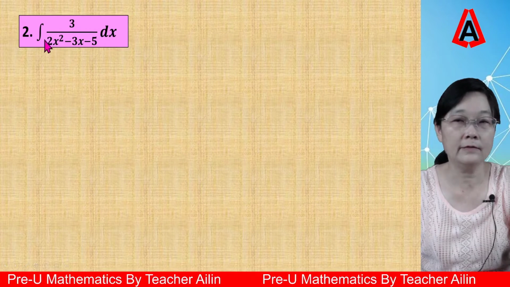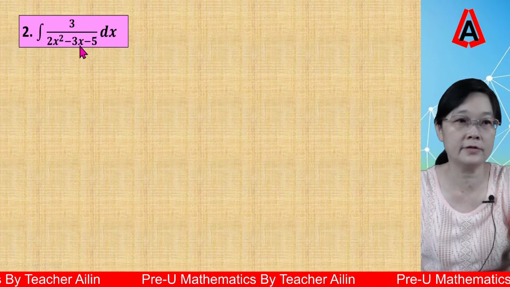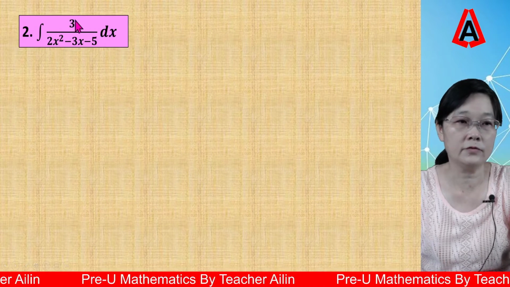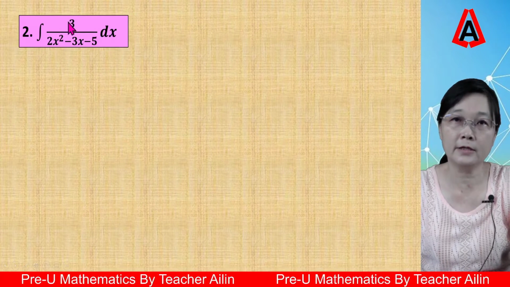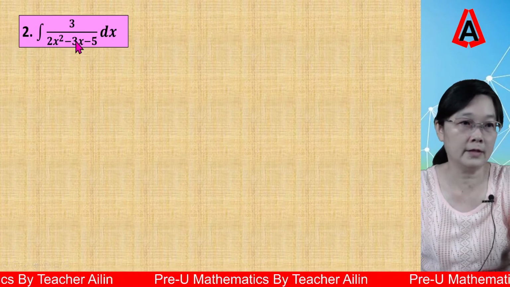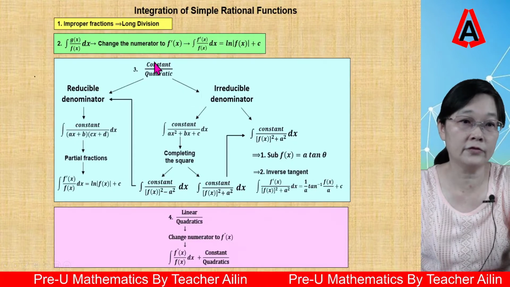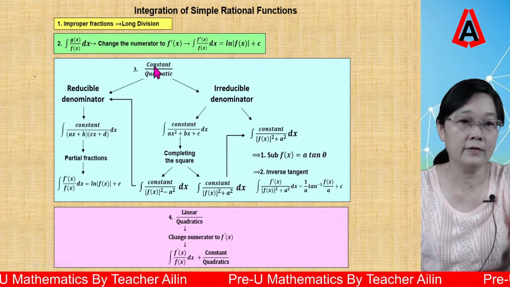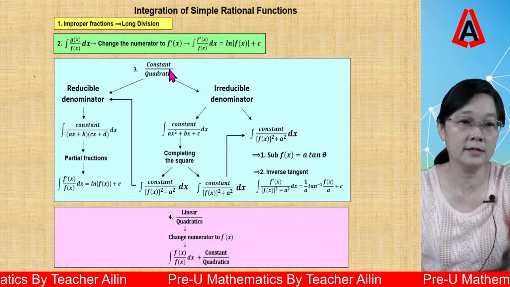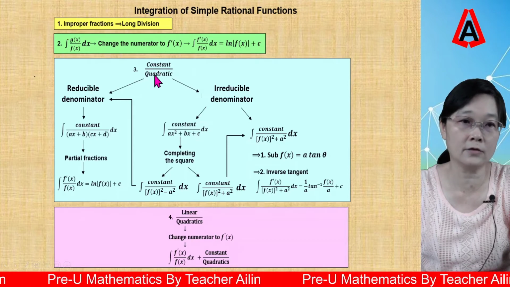The derivative of the denominator should be 4x minus 3. We find that we are not able to change the numerator into the derivative of the denominator. So we move on to step number 3. For step number 3, we find that the rational function is in this form where the numerator is constant and the denominator is quadratic.